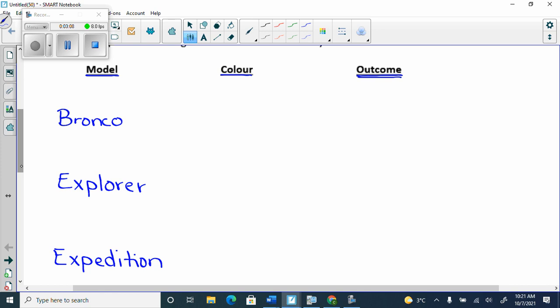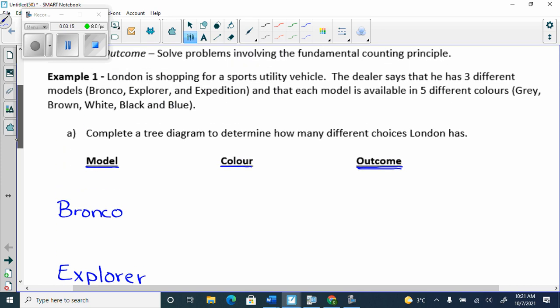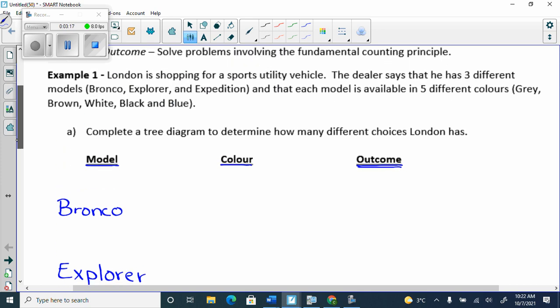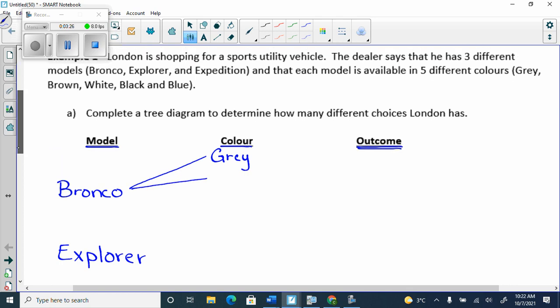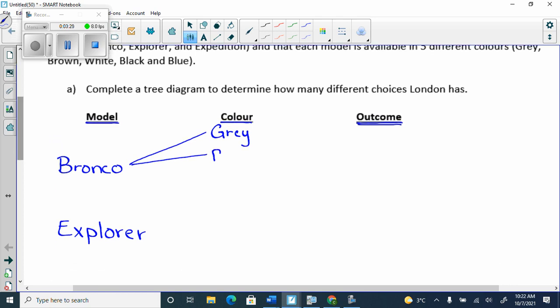All right. In the next column, you're going to put color. The color options are gray, brown, white, black, and blue. So the Bronco can be in gray, brown, white, black, blue.